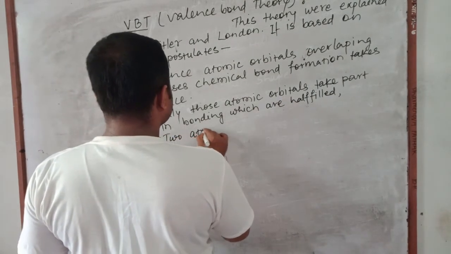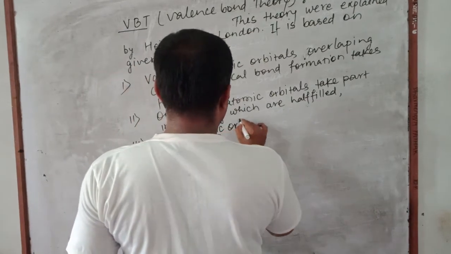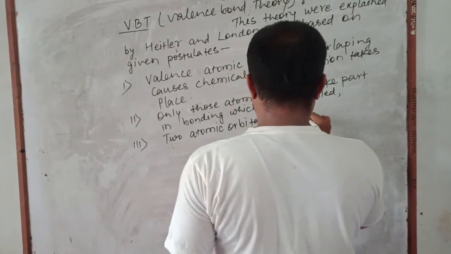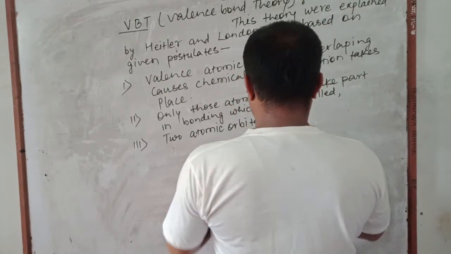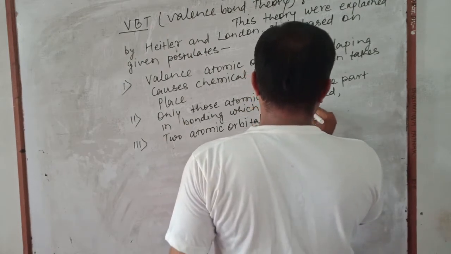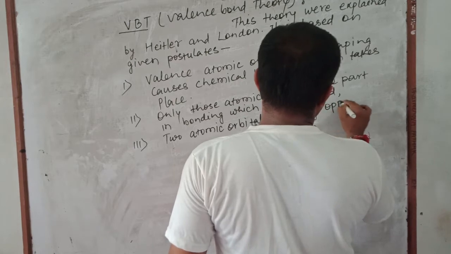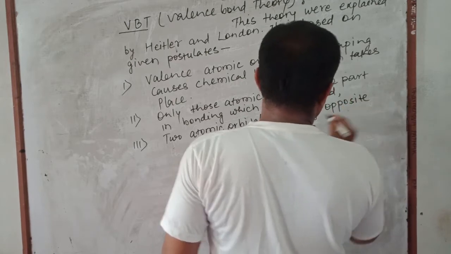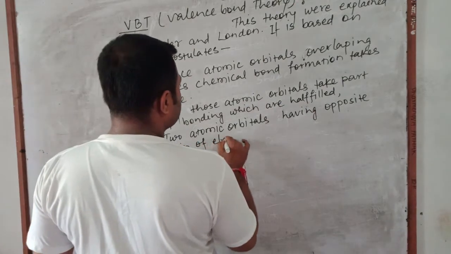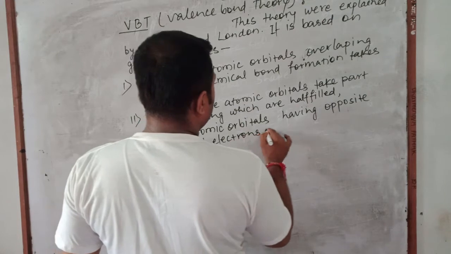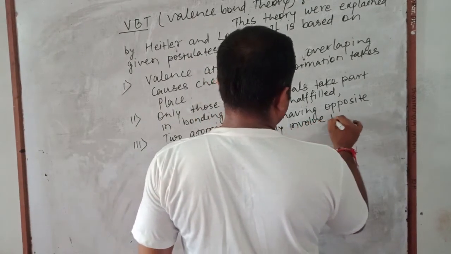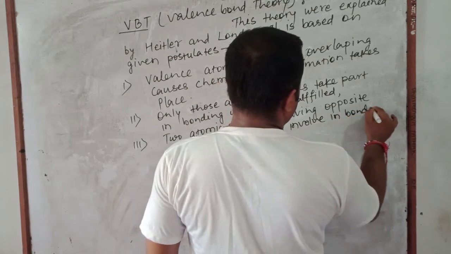Two atomic orbitals having opposite spin of electrons are only involved in bonding.